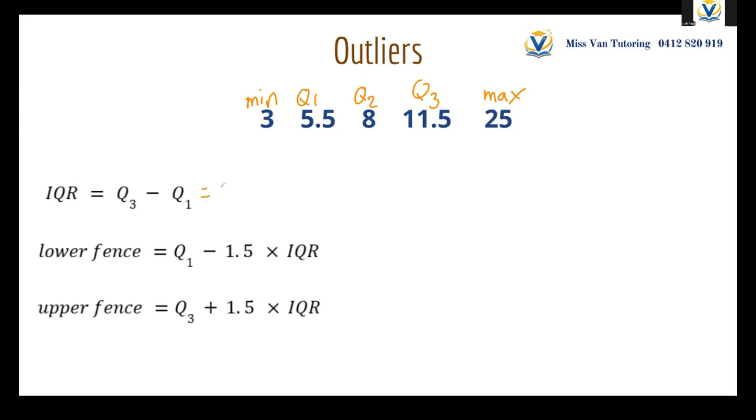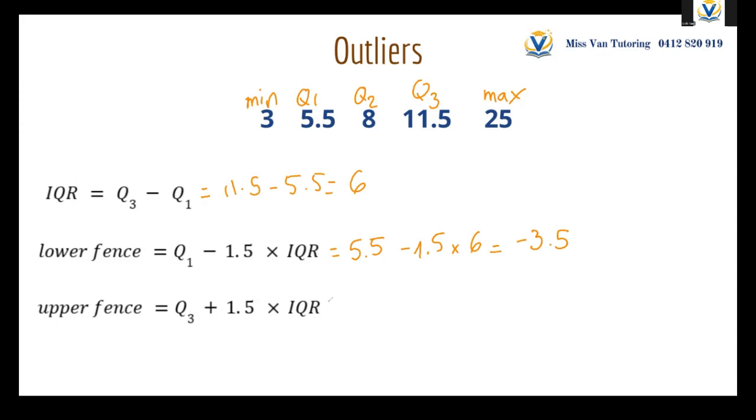Q3 minus Q1, which is 11.5 minus 5.5, would give me 6. Then you will need to find your lower fence, which is Q1 minus 1.5 times your IQR. My Q1 is 5.5 minus 1.5 times my IQR, which is 6. Pop that into your calculator and hopefully it would give you negative 3.5.